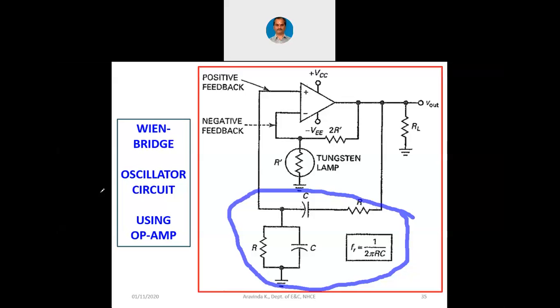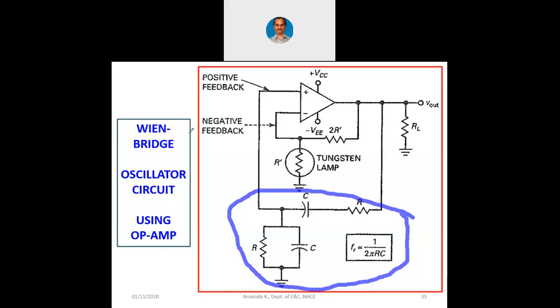AV in this case will be 2, because you already know for the inverting configuration of the op-amp, voltage gain is given by minus of RF by RI. Here RF is 2R', RI is R', the tungsten lamp. So because of this, the amplifier is utilized to give the gain of 2, and the feedback factor is going to produce 180 degree phase shift.